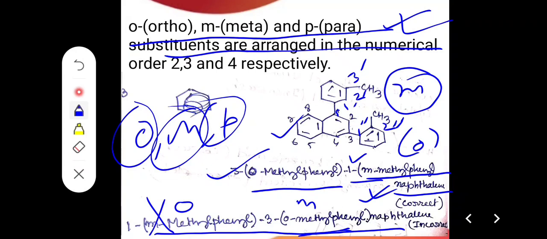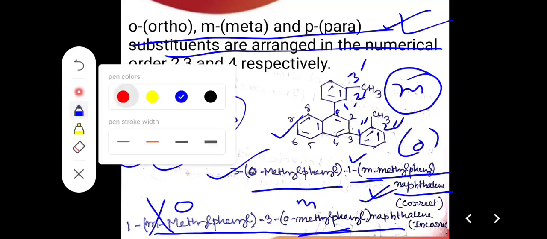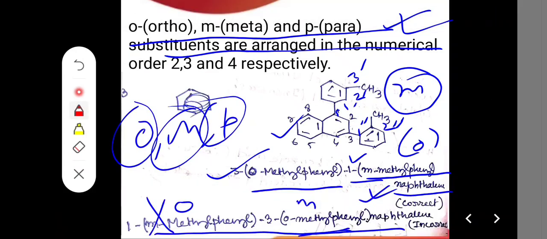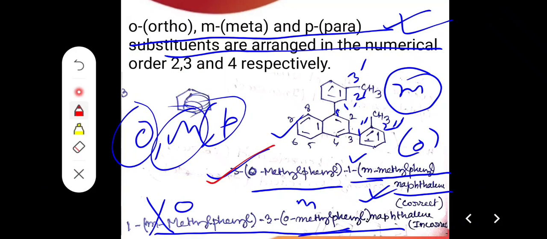Though we write 1 first, then 3, here ortho is next to meta in the second name. So that's why this second name is incorrect. But the first name is correct. Though 3 comes first, then 1, this is not considered, as ortho and meta are present.